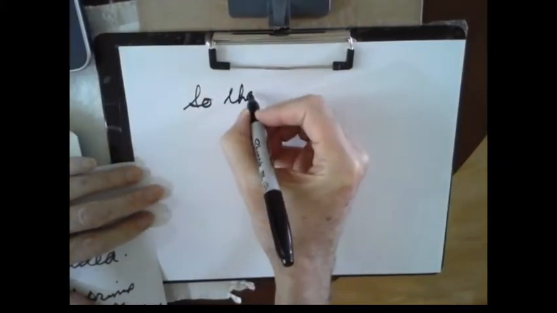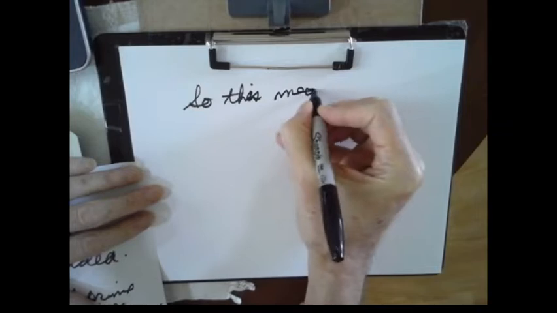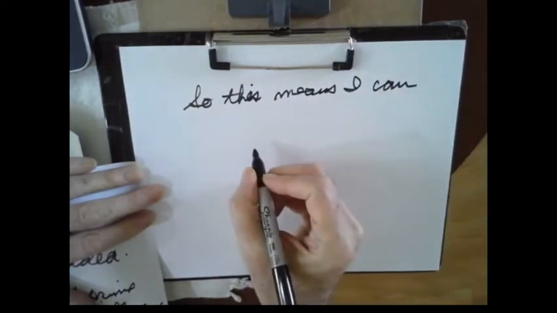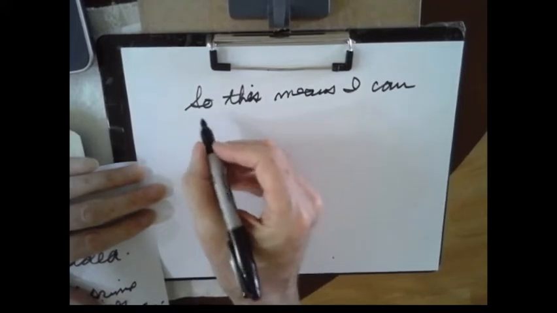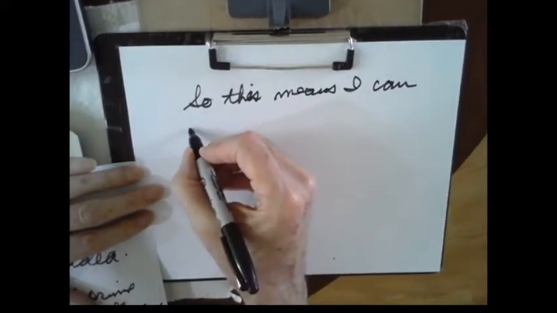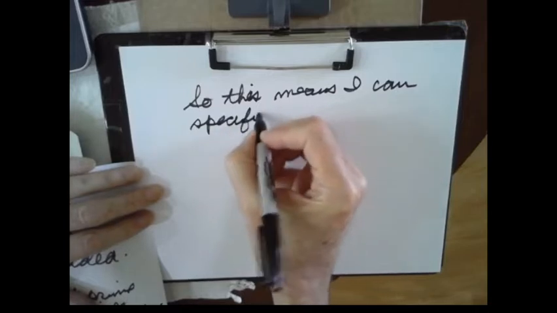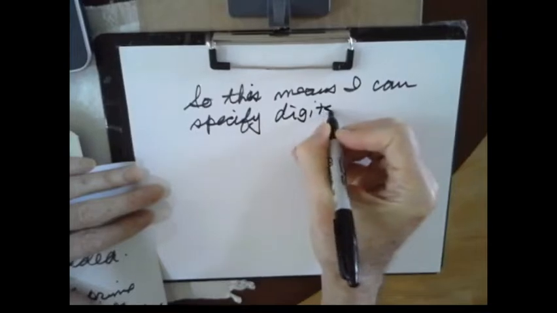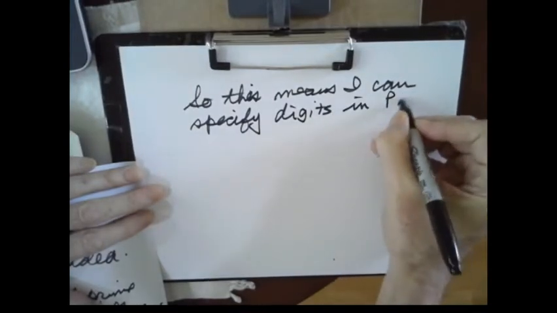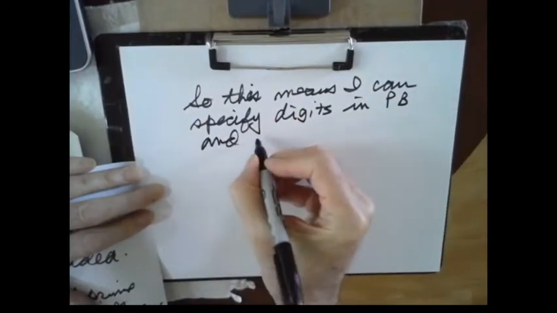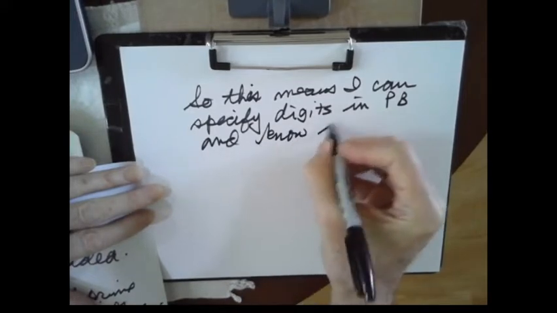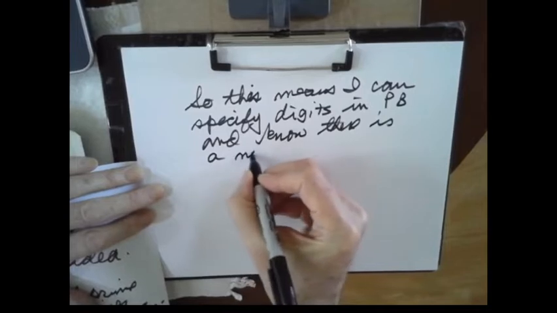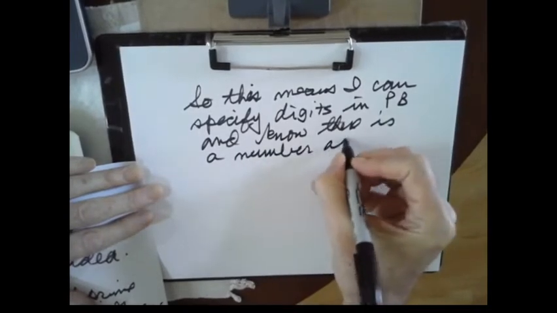This means I can, we can, or anybody can specify digits, in effect, digits in the prime base, and know there is a number associated with it.